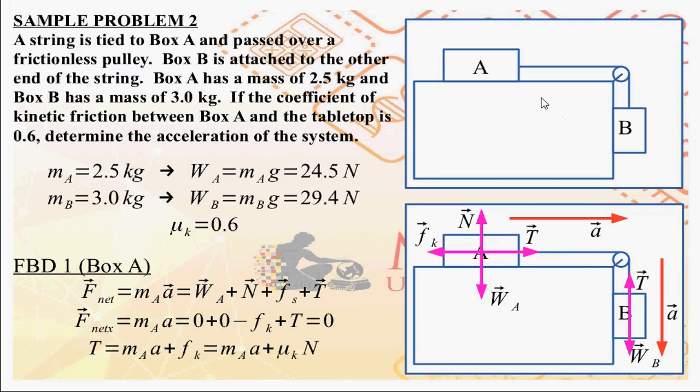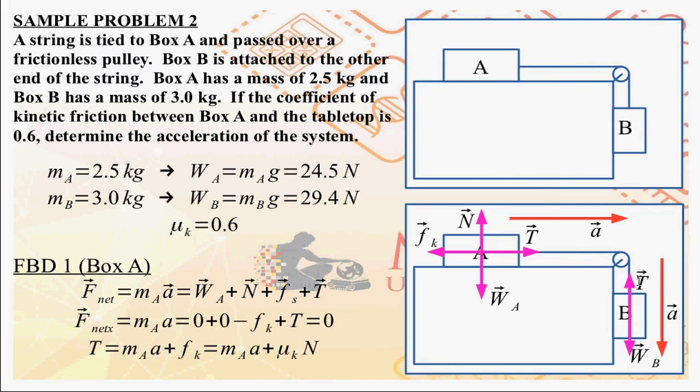Box B will move down, and because they are tied together, box A will move to the right. So if there is any acceleration, in all likelihood, the acceleration will be heading in the direction of the motion of the system. Box A will move to the right, so the acceleration is to the right. Box B is moving down, so the acceleration is downward.